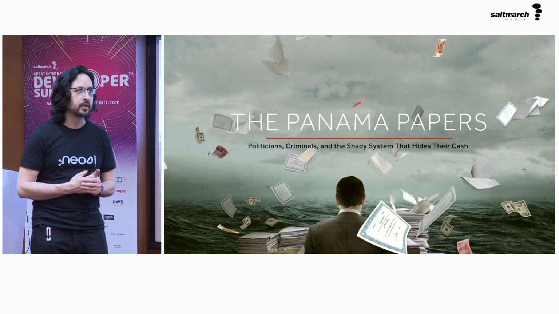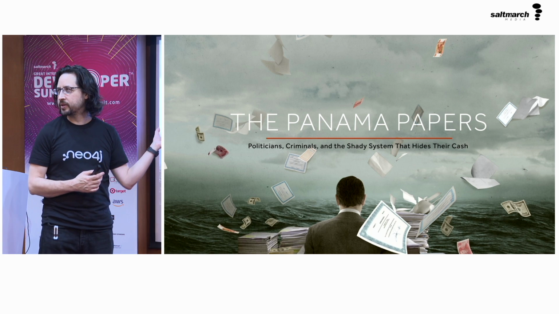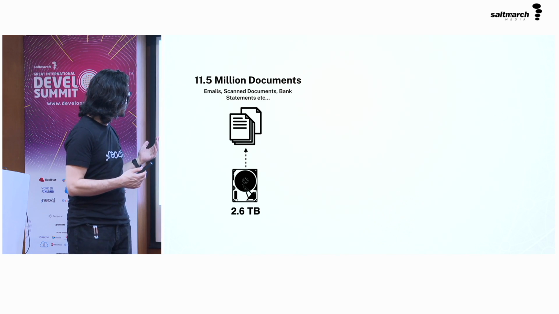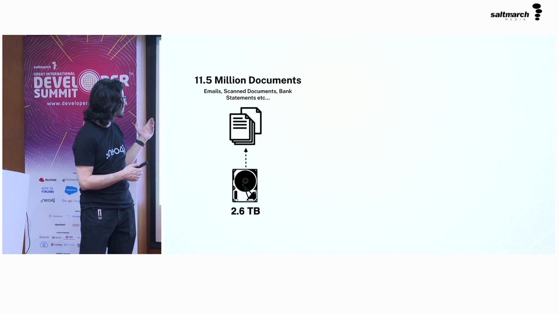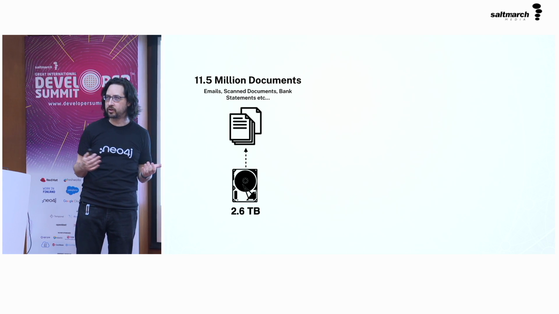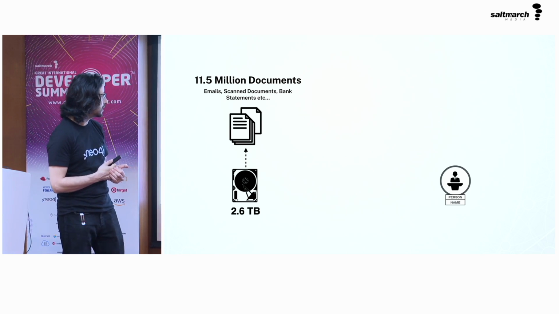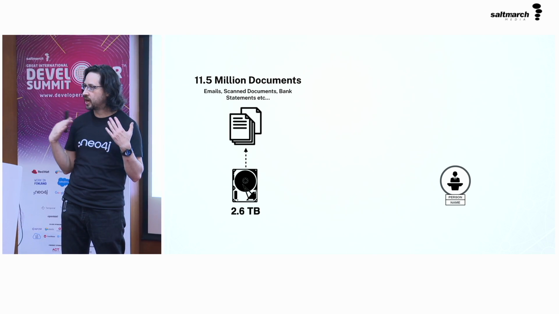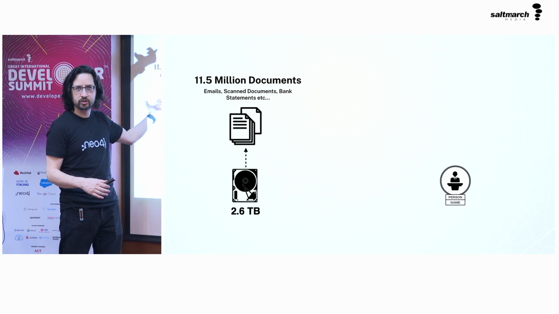One of the classic examples of this was the Panama Papers. We fed all of the documents, 1.5 billion documents that were emailed, scanned, bank statements, etc., into a knowledge graph system. And it's able to find unique relationships and things which are not clear just by looking at this huge body of knowledge.